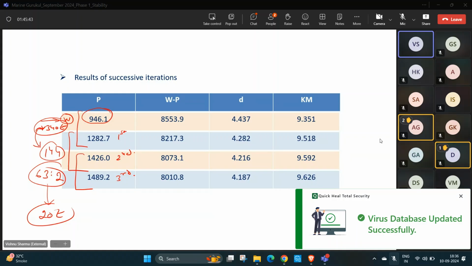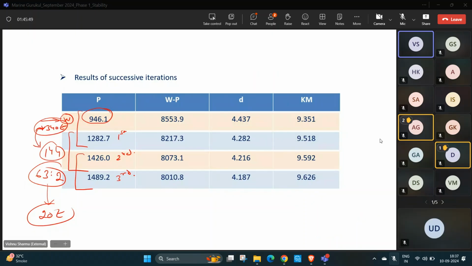First the difference was 340, then 144, then 63, then next maybe 30, 20, 10, and you keep doing this, a stage will come where the error will be negligible, and that is the accurate value. In science, depending on the degree of accuracy you need, you can continue having multiple iterations. We don't have the time to continue this game, therefore we abandon it after one iteration.